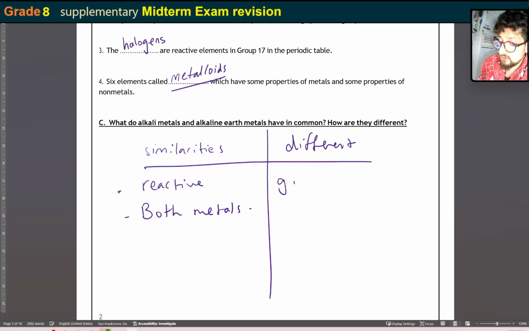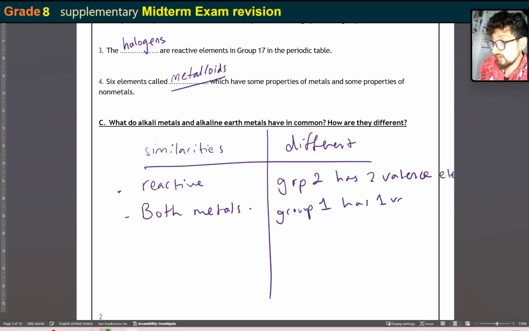So group 2 has 2 valence electrons on the outside, while group 1 has 1 valence electron. Alkali metals are more reactive.